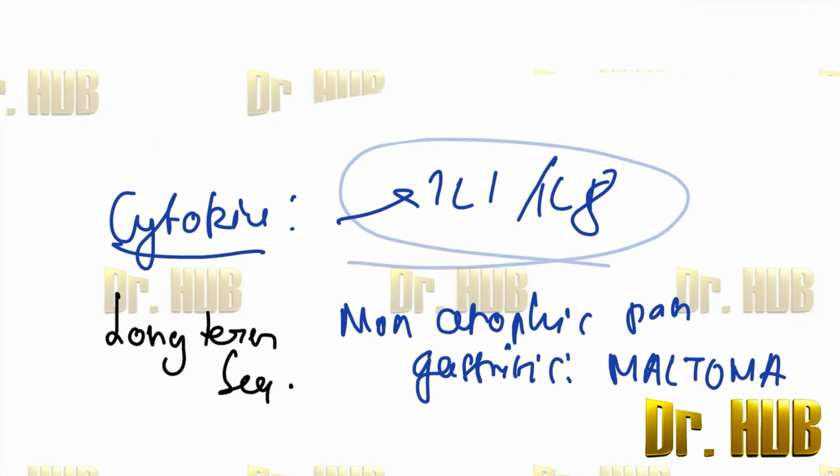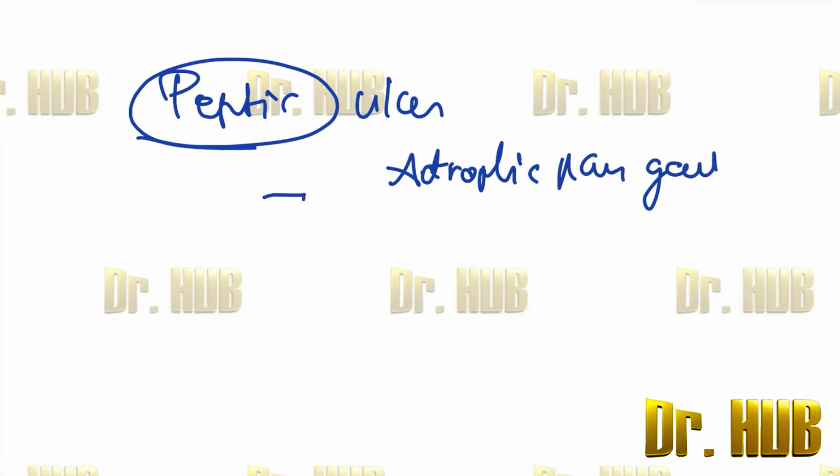Then moving on, what about the other features? It includes peptic ulcers, as well as the atrophic pan-gastritis, that is adenocarcinoma.